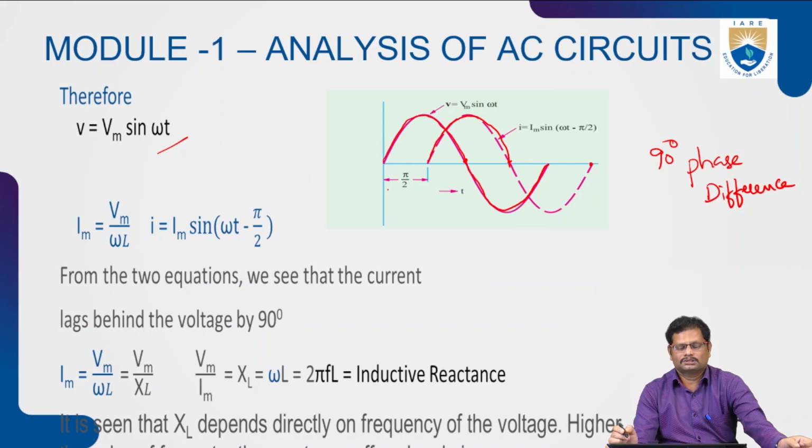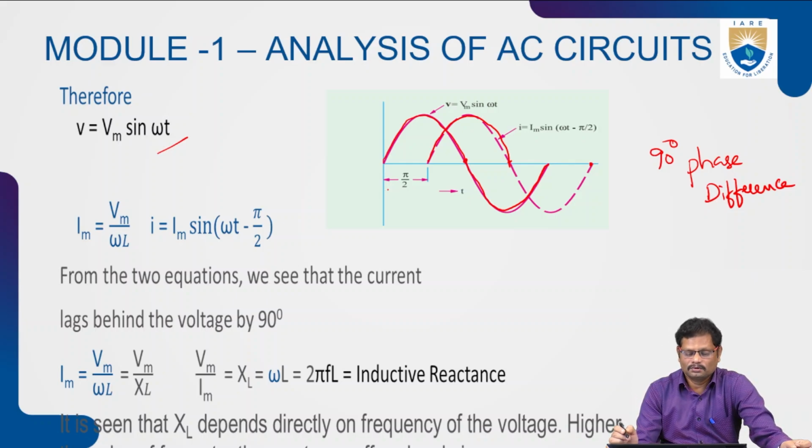So from these equations we can say that the current lags exactly 90 degrees behind the voltage, and Im equal to Vm by omega L, where omega is 2 pi f.